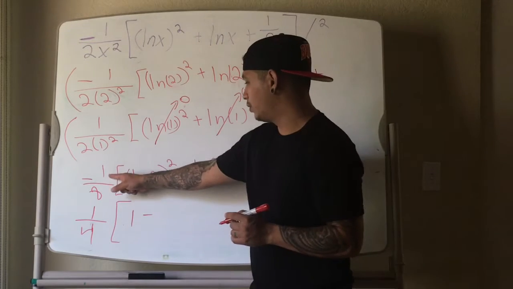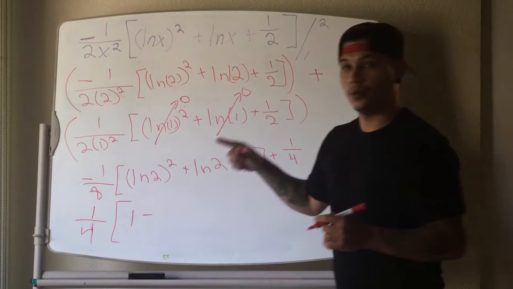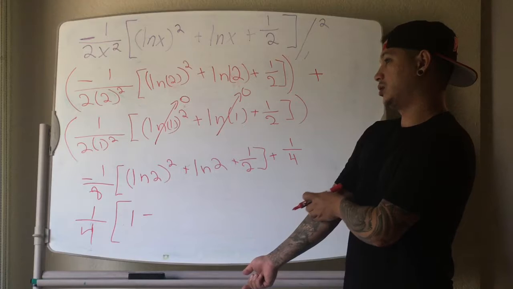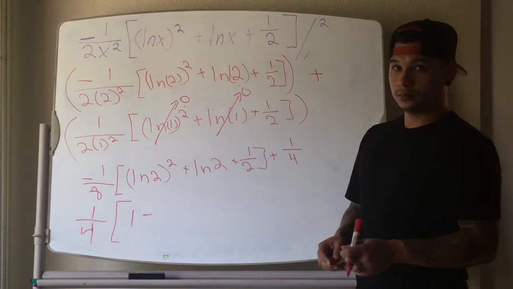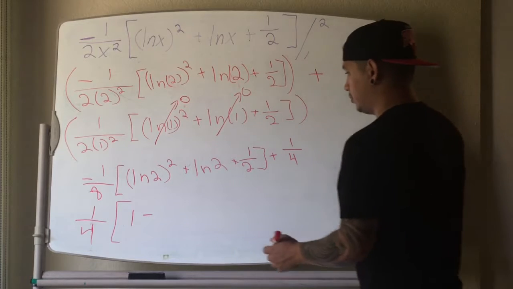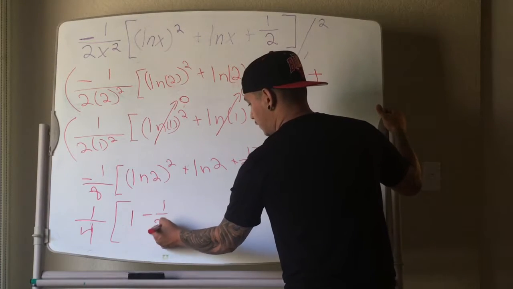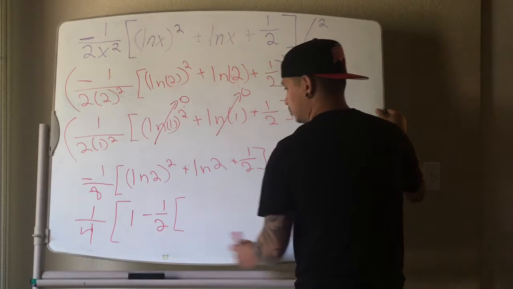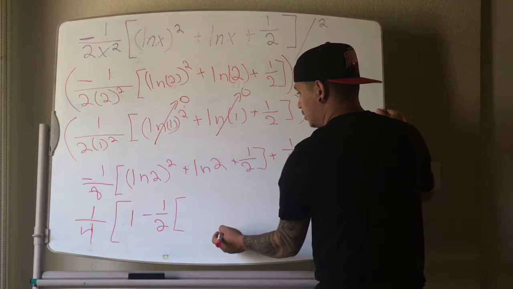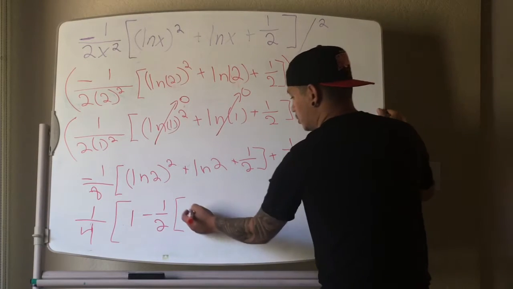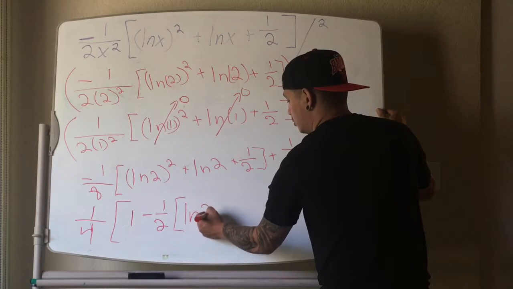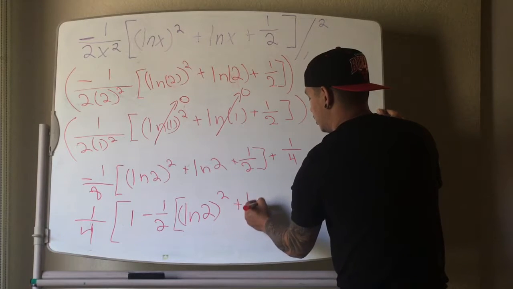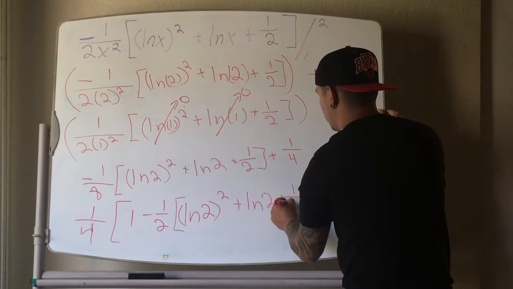Well, 1/4 times 1/2 is 1/8. So we'll have 1/2 times ln2 squared, ln2 squared plus ln2 plus 1/2.